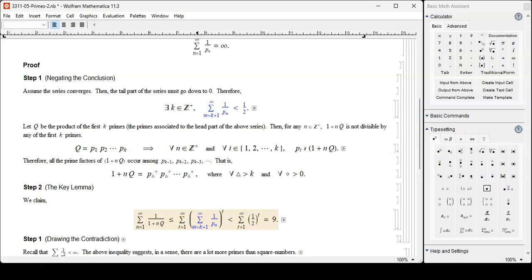Starting from 1, so 1/2 divided by 1 minus 1/2. If I multiply by 2 to both numerator and denominator, I'm going to get 1. Let's multiply by 2. Yeah, that's right. So that's what you're going to get.